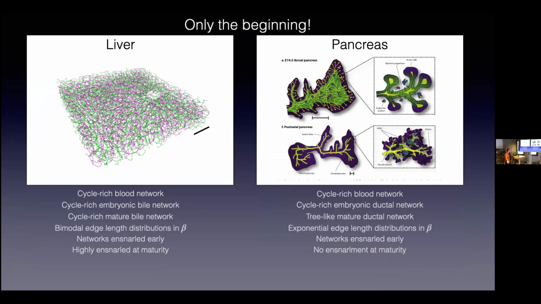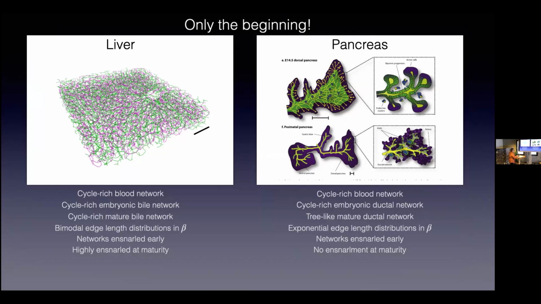Both organs have a cycle-rich blood network at all times. Well, at early enough and late enough in development, but beyond that at all times. The liver has a cycle-rich embryonic bile network, and it stays cycle-rich into maturity. Whereas in the pancreas, you have a cycle-rich embryonic ductal network that falls apart into a tree at maturity.